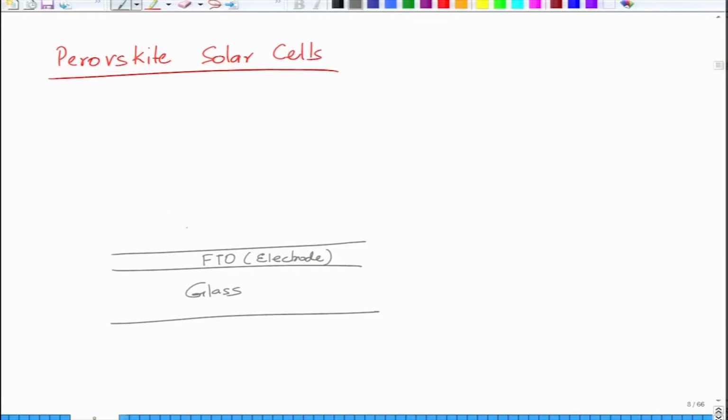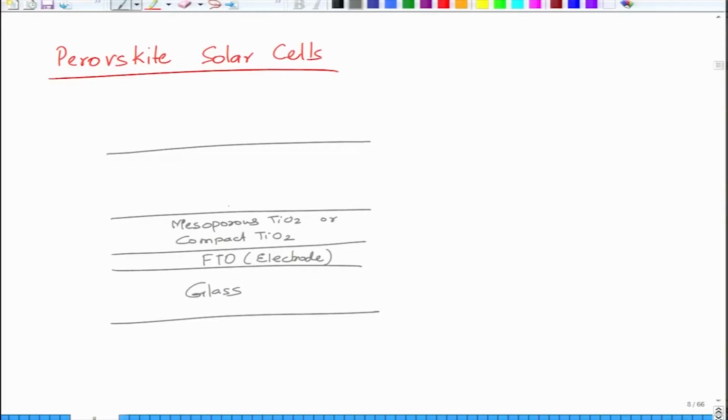On top of this FTO we can have a TiO2, which is mesoporous TiO2, or a planar or compact TiO2. So, this layer is either mesoporous TiO2 or it could be compact TiO2, right. And then what is the next layer on top of it?